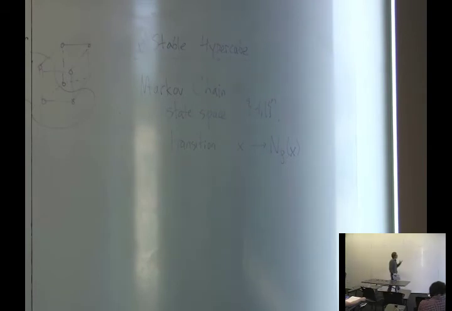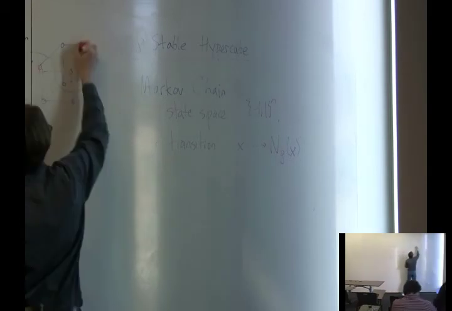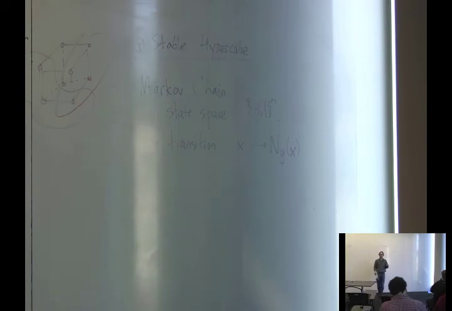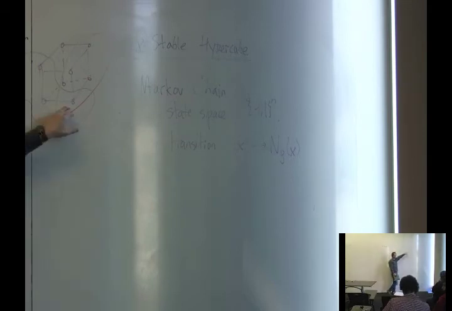Which is not true if you don't only look at small sets. If you take a set of volume a half, like a dictator, all the things with one coordinate equal to 1, and I pick a random point in this half, do one step, and ask what's the probability I stay, it's half plus half rho. It's just whether I randomize that coordinate or not. So it's not close to 1 necessarily.